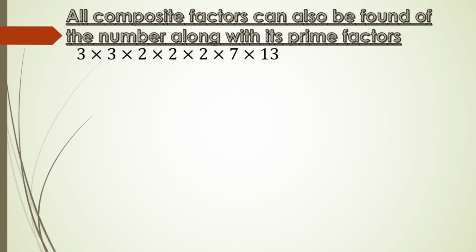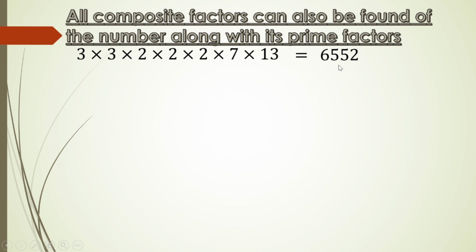For example, this is a form of prime factorization of a number. It's telling us which numbers the number is composed of, and the number is actually this. So this form reveals the prime composition of this number directly and the composite composition also indirectly. By looking at this prime factorization, we can list the prime factors and composite factors as well.